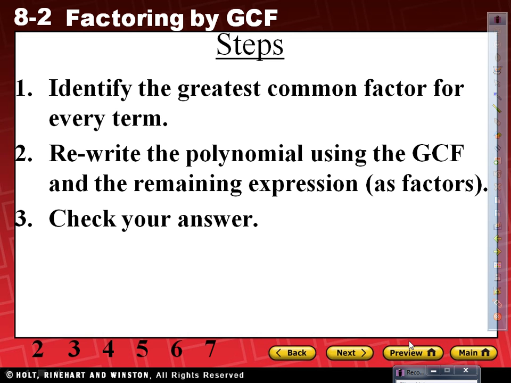Step 2, rewrite the polynomial using the GCF and remaining expression. And that's what we call factors because we're going to be multiplying. Step 3, check your answer.